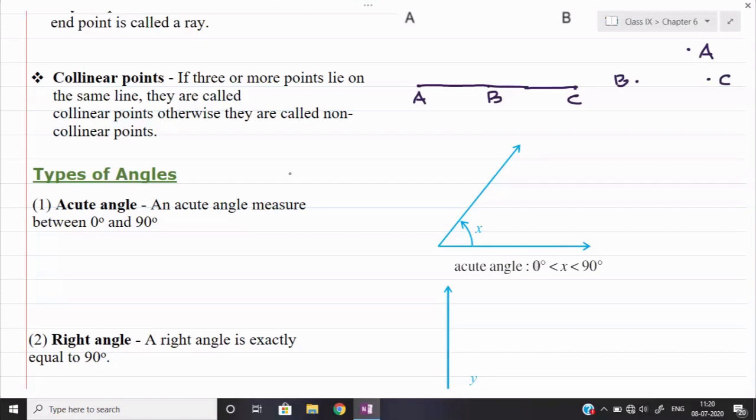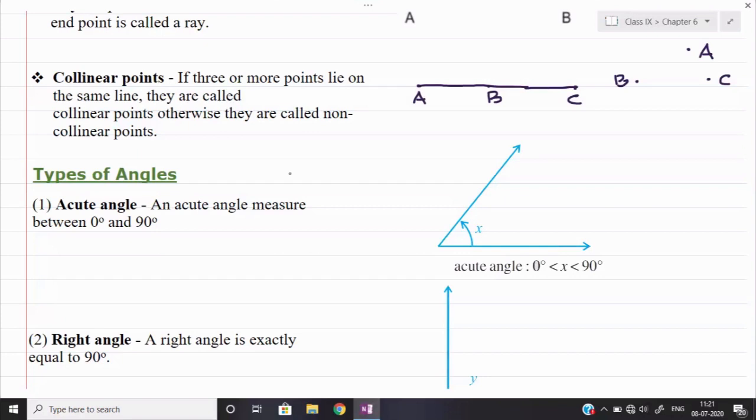So here in the second figure, points A, B and C will be called non-collinear points, while in the first figure they will be called collinear points. So collinear points means those points which come on a single line or a particular line, while non-collinear points will not come on one particular line.